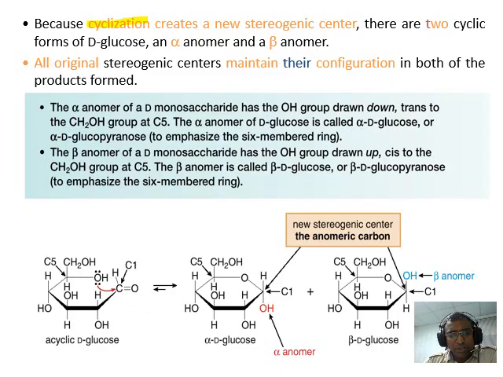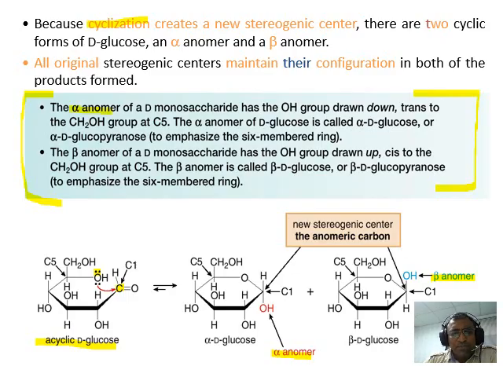You have something which is acyclic, and then because of these two electrons there, the carbon can form an interaction. And once it forms the interaction, there are two possibilities, either alpha anomer or beta anomer. So what's the difference between these two? They are called diastereomers, and that's defined by this term here on how to know which is alpha anomer and which is beta anomer.